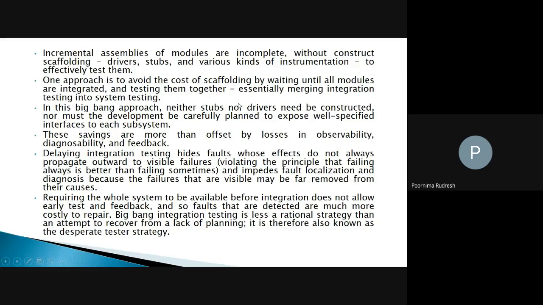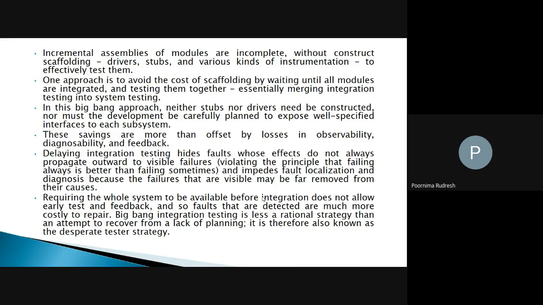Requiring the whole system to be available before integration does not allow early test and feedback, so the faults that are detected are much costlier to repair, because we are performing the testing after the entire system is ready, after all the modules are integrated together. In that case, if the faults are detected, then correcting those faults is costlier.